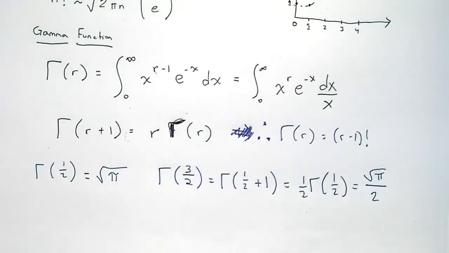So that is 1/2 factorial, or just gamma of 3/2. You can continue on with 5 halves, 7 halves, etc., and that will give you your factorials, and you'll see that they are pretty much functions of pi. Really, really nice. That is how we determine factorials.